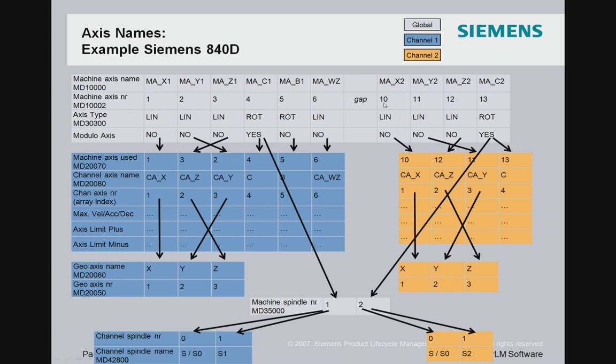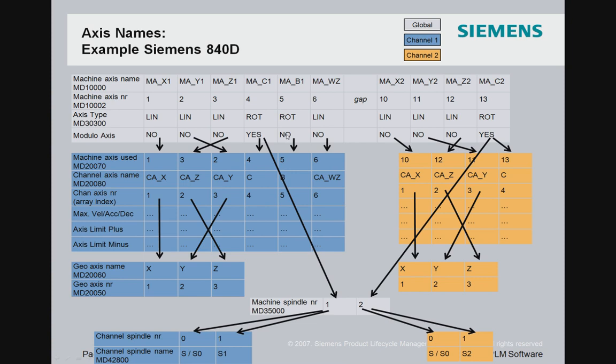Each axis does have an axis number. You can also find out what type of axis it is, if it's a linear axis or rotational axis. For the rotational axis, you have an additional parameter that tells you whether it can rotate infinitely or whether it has limits. That of course has no meaning for linear axis, just for rotary axis.